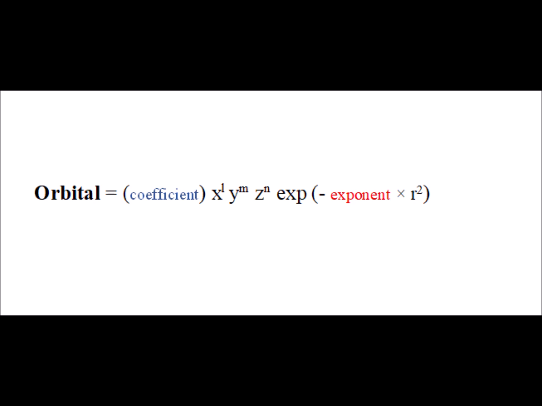In this case, x, y, and z are the x, y, and z axes. The values L, M, and N are non-negative integers. The exponent gives us some idea as to the extent of the orbital, and r is the distance of the orbital from the atomic center.